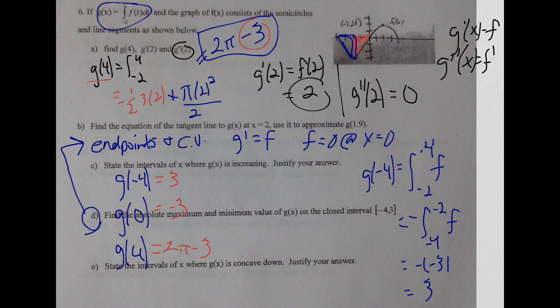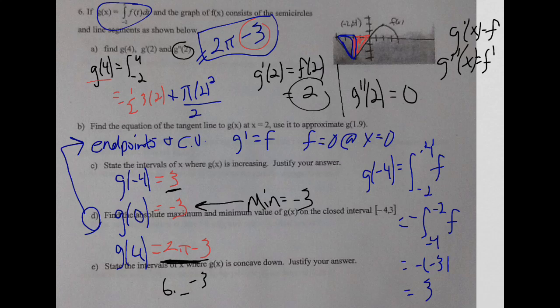I think you should be able to tell that the absolute min is -3, because that's smaller than everything else. Now I have to compare this and this. Well, I've got 3, and I know that pi is a little bit bigger than 3. So this is like 2 pi's, which are both a little bit bigger, so it's 6 point something, 6.28 actually, minus 3.